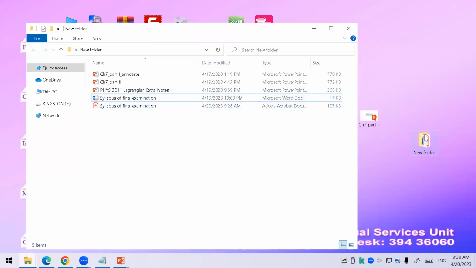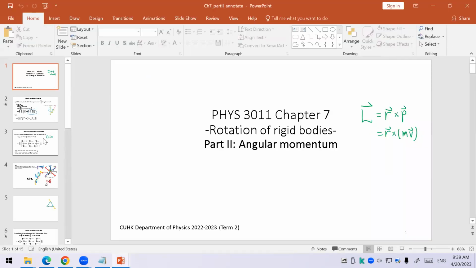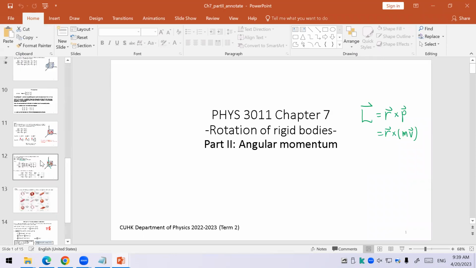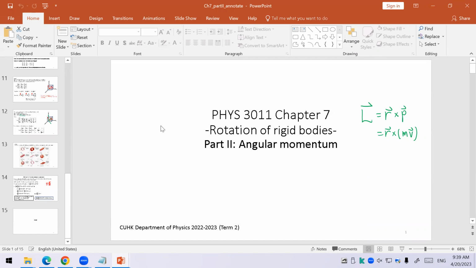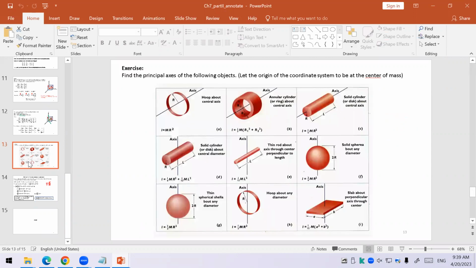If not, let's continue on the chapter of rotation of rigid body. Last time I almost finished part 2. I introduced how to find the angular momentum of a rigid body. In particular, you learned something new, the so-called inertia tensor. I also told you how it is related to the moment of inertia that you learned last year.